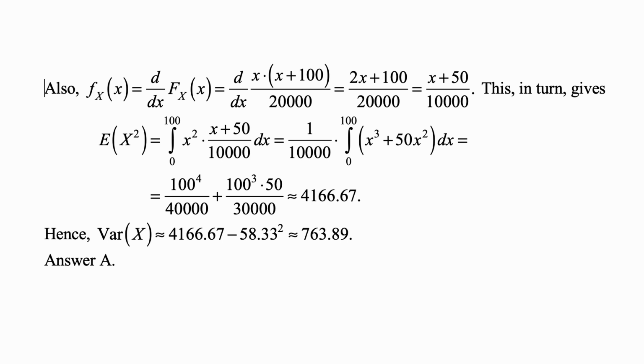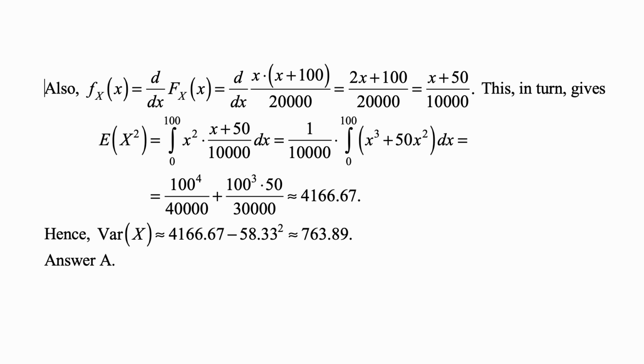And the value at 100 of x to the 4th is 100 to the 4th, plus 50x squared. Well, the integral of x squared is 1/3 x cubed, so 3 times 10,000 will give us 30,000. And x cubed at 100 is equal to 100 cubed. So it's 100 cubed times 50 over 30,000. And this is approximately 4166.67.